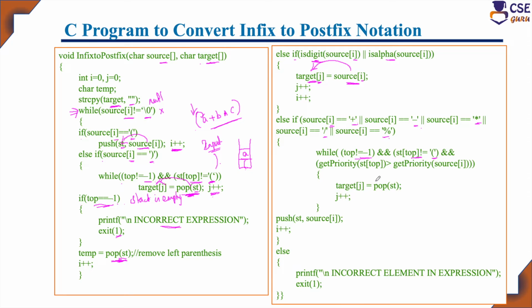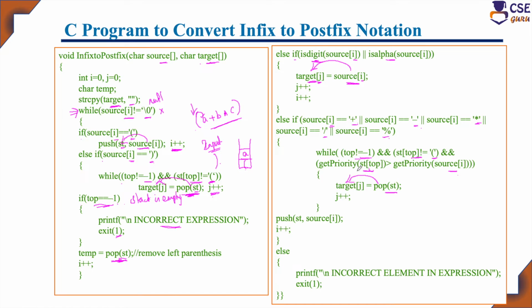Suppose if it is a higher precedence operator present at the top of the stack, you need to get the priority of the top of the stack operator and the priority of the incoming operator. Both you have to check. If the top element of the stack operator has higher priority compared to the incoming operator, pop the top element of the stack operator and place it in the postfix expression.